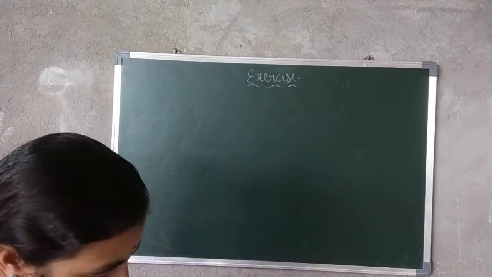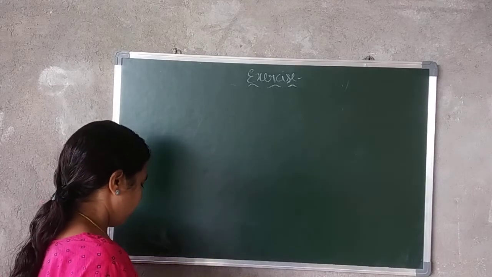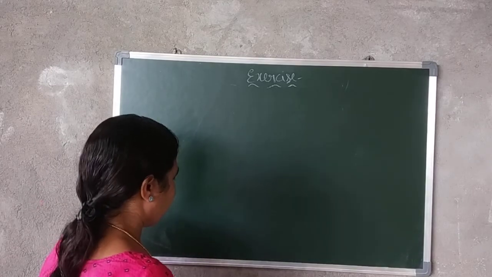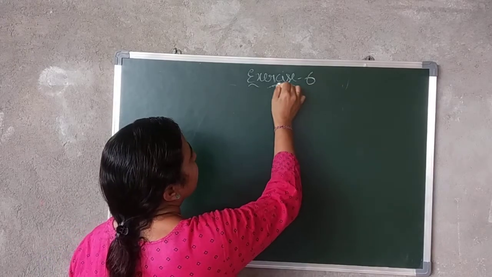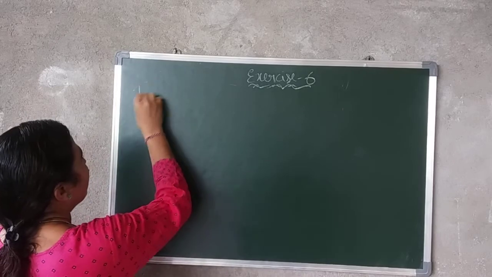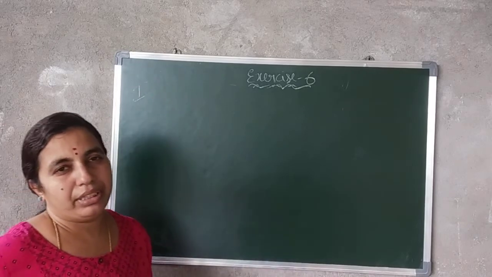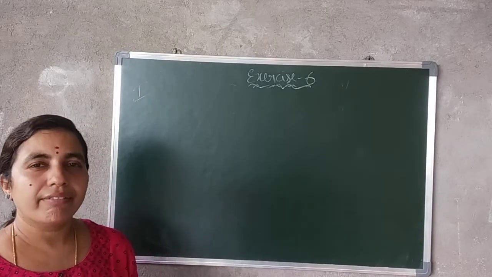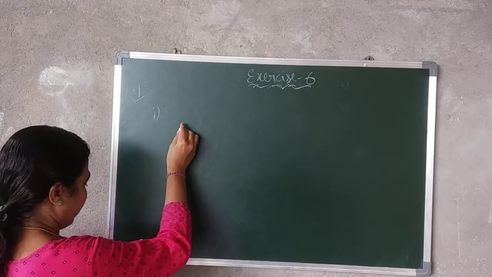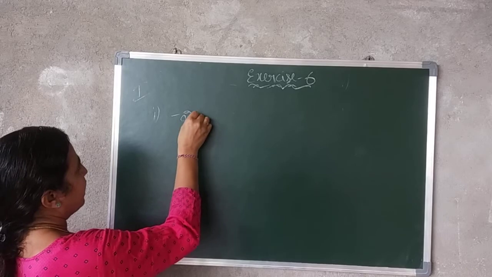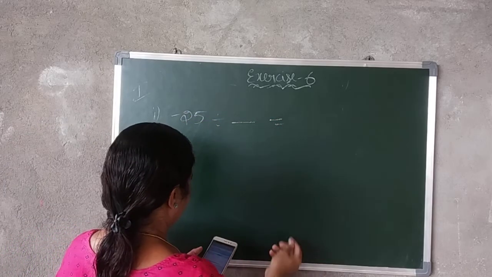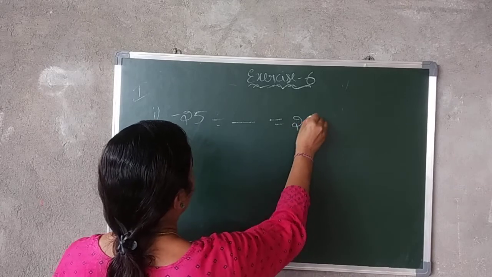So next, exercise 6. See, in exercise 6 we have only one bit, and that is fill in the blanks. First one, minus 25 divided by dash is equal to 25.